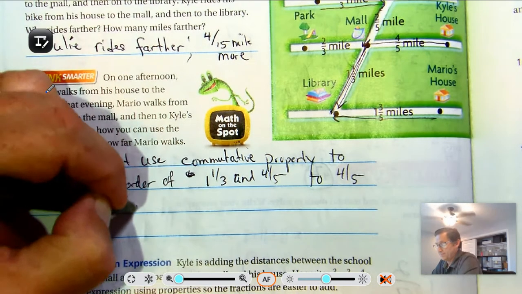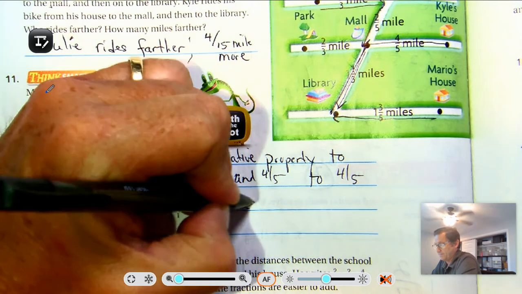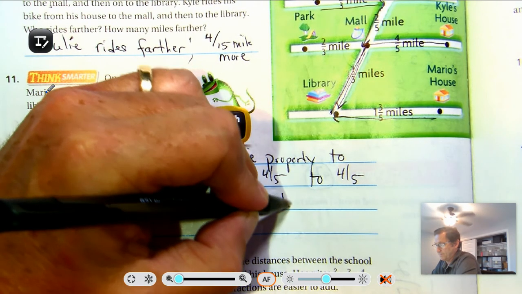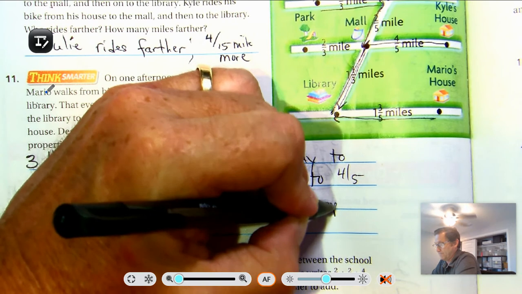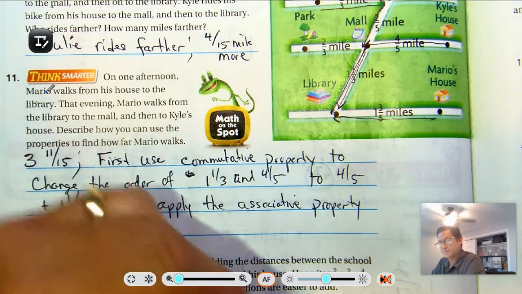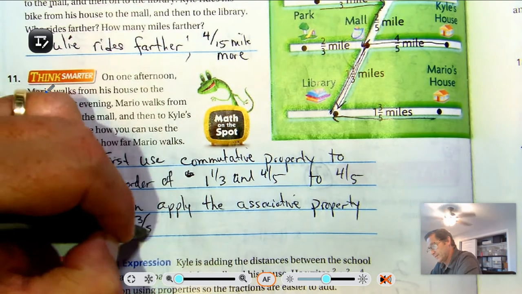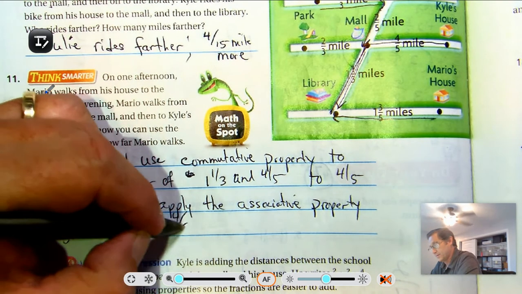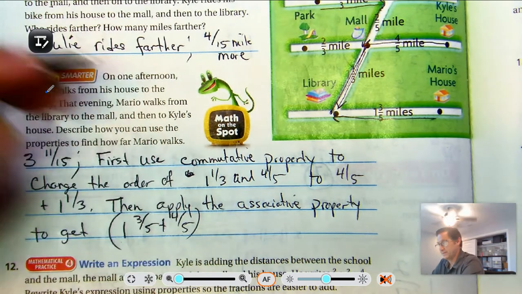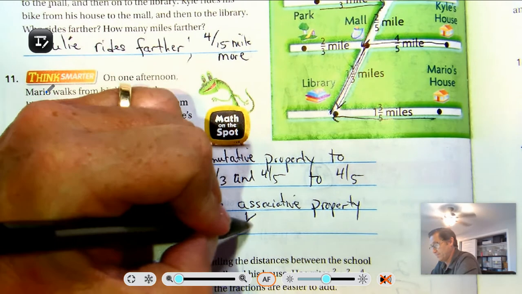Then apply the associative property to get 1 3/5 plus 4/5 plus 1 1/3.